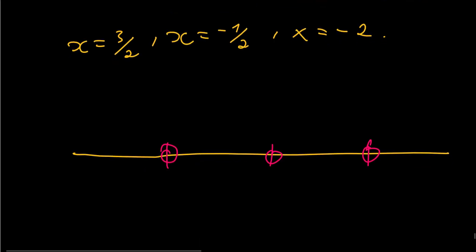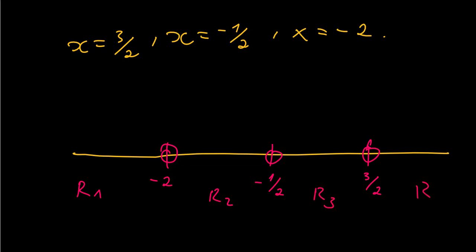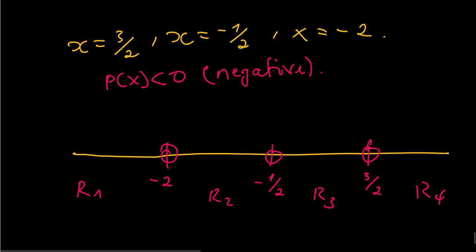The smallest of the points is negative 2. Here we have negative half, and here we have 3 on 2, which is equivalent to 1.5. So I have region 1, region 2, region 3, and here I have region 4. So let us keep in mind that we are looking for the region where p of x is less than 0, in other words, the region where p of x is negative. So that's the region of interest.